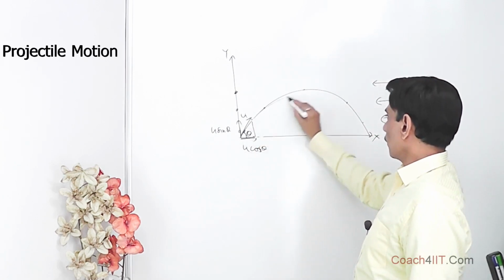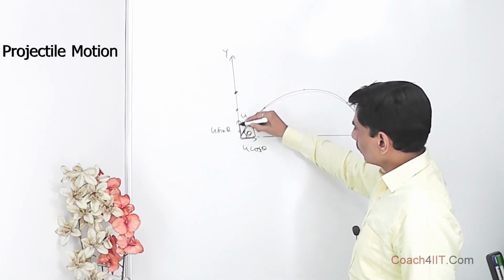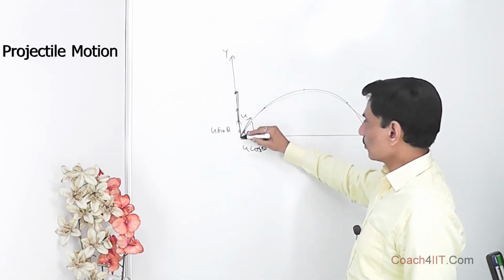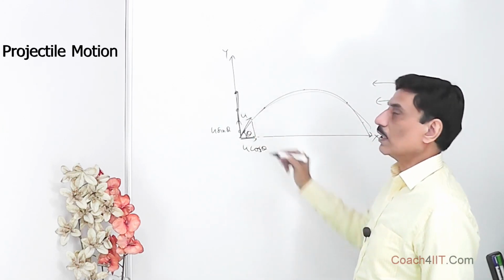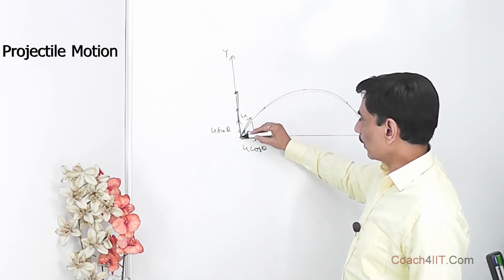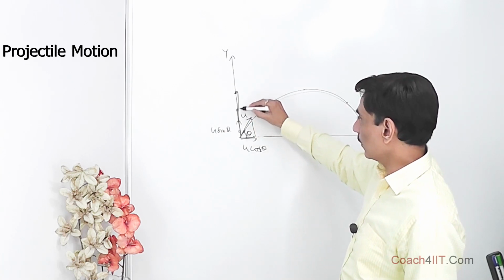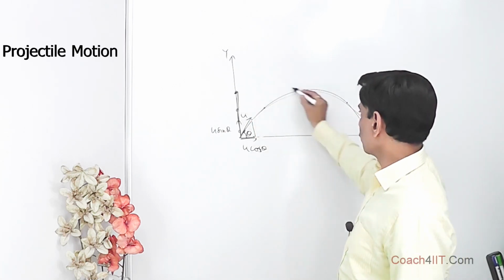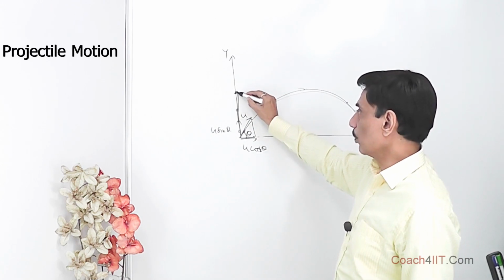So when the body goes from here to here, the shadow goes like this. It goes up, comes down. So this is also like motion in one dimension only. We see that its velocity shall be changing. Over here it's maximum, and gradually it is reducing, and at the topmost position the velocity comes out to be equal to 0.